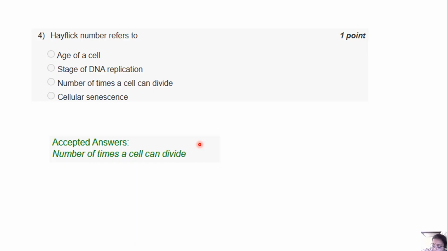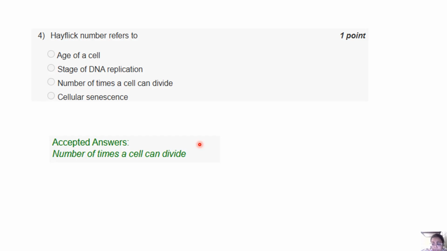So it's a key concept in understanding how cells age. The Hayflick limit is commonly thought to be around 50 cell doublings, and it depends on the length of chromosomal telomeres, which shorten with each cell division. When a cell reaches this Hayflick limit, it breaks down by programmed cell death or apoptosis.